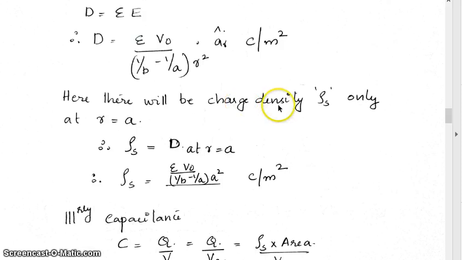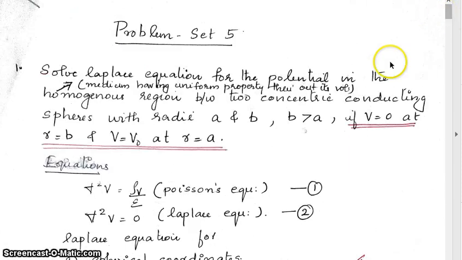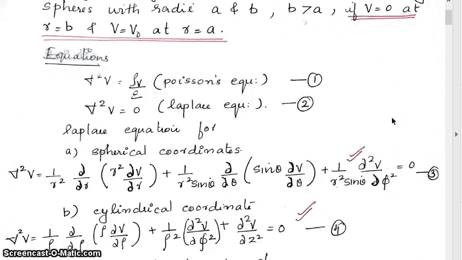Now here there will be charge density rho s only at R is equal to A. It is said in the question that this sphere is not having a voltage at R equal to B, and it is having a voltage only at R equal to A. That means this sphere will be having a charge density only at a radial distance of A. At a radial distance of B, there is no charge density because there V is equal to 0.